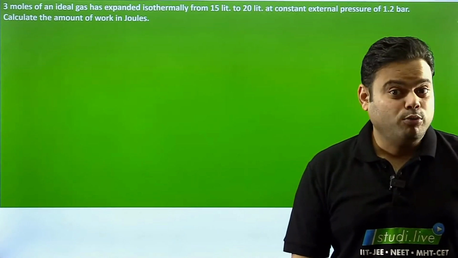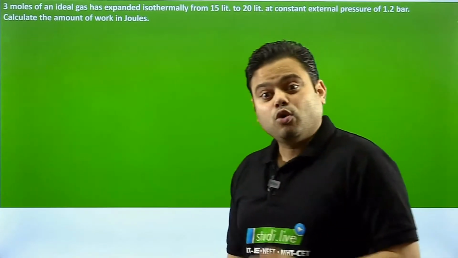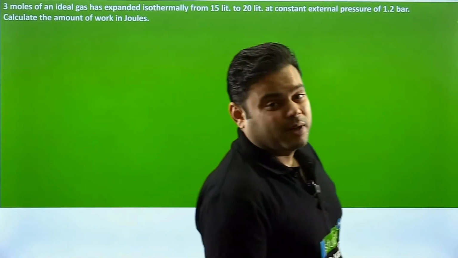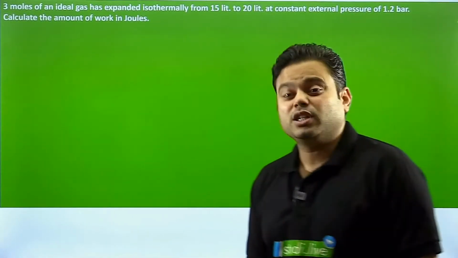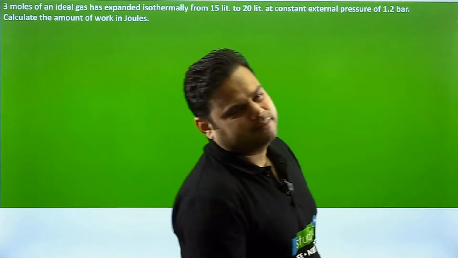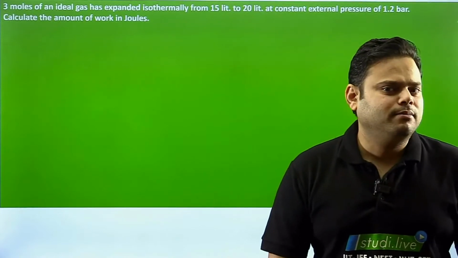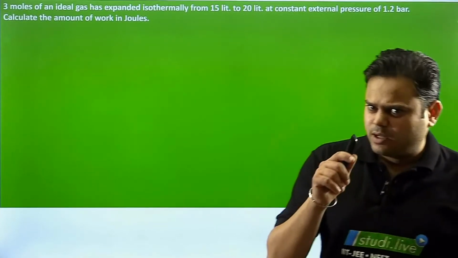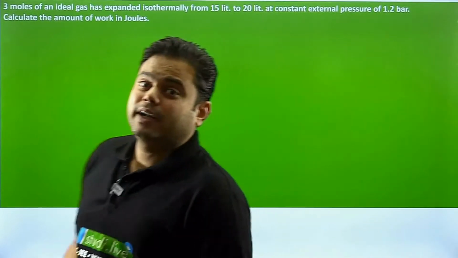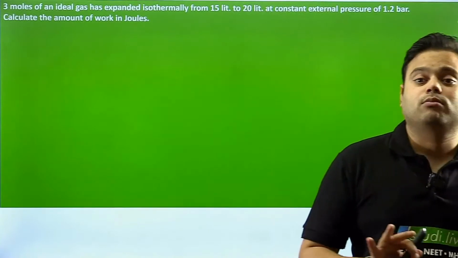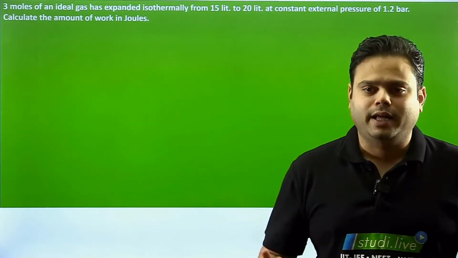These are the formulas. How will we know which formula to use in a sum? By looking at the sum, by reading the statement and the information given very carefully. Here only one term is used, isothermally. They have not used the term isothermally and reversibly. Until the word reversible comes in your question, you will not apply the W max formula.